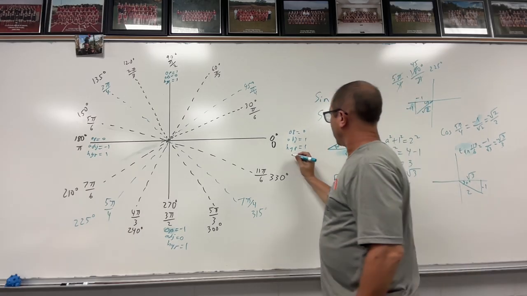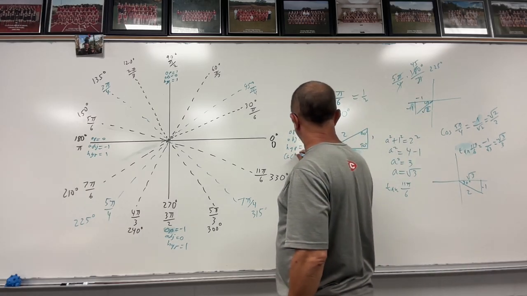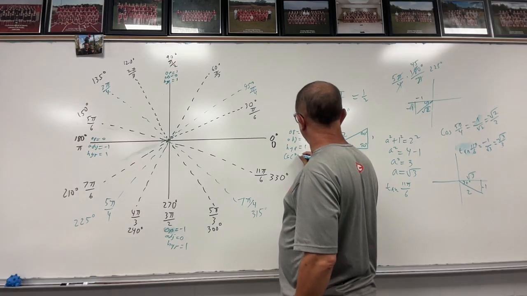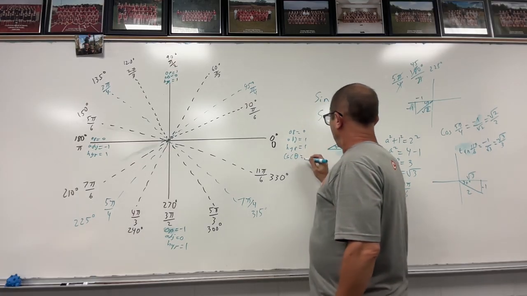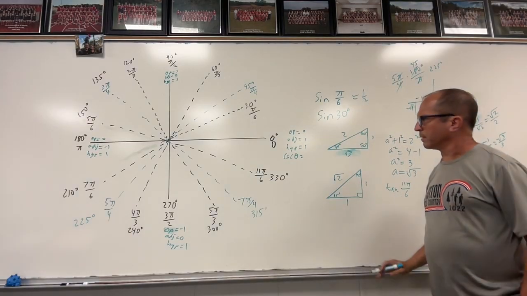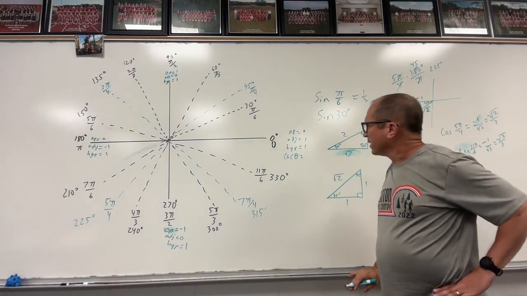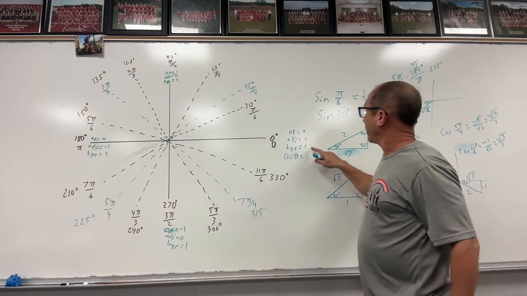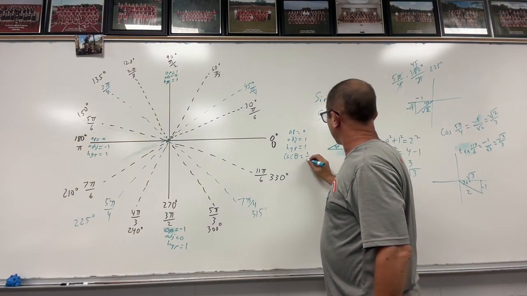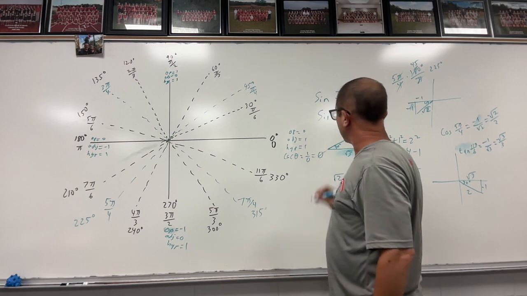If we wanted to know the cosecant of theta, cosecant is the reciprocal of sine, so it's the hypotenuse over the opposite. Hypotenuse over the opposite would be 1 over 0, which is undefined.